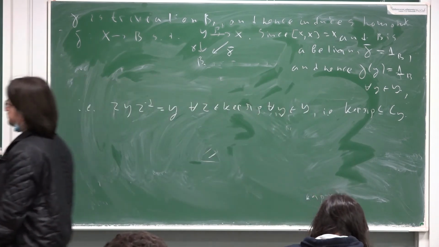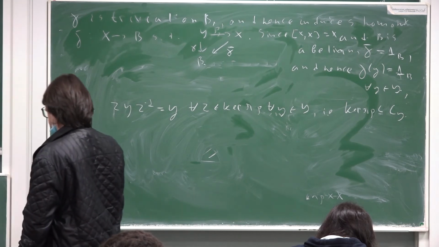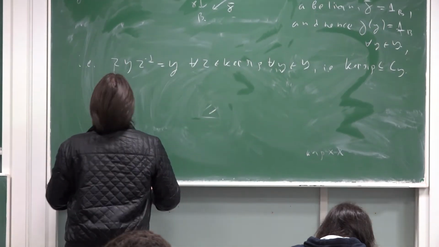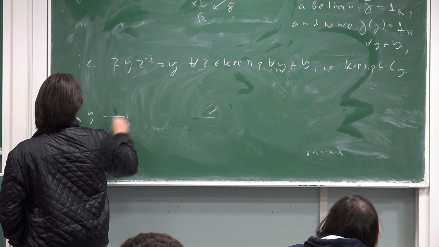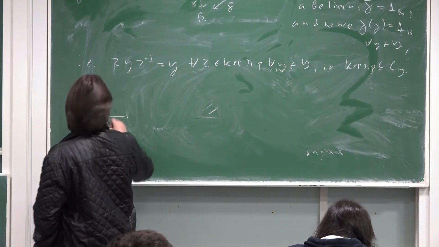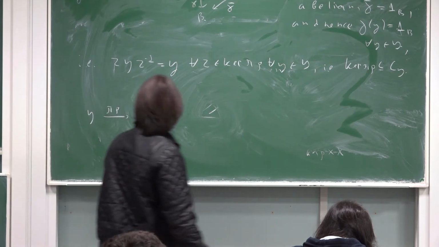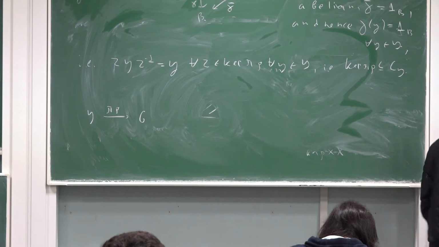So this map πρ to G is a central extension.